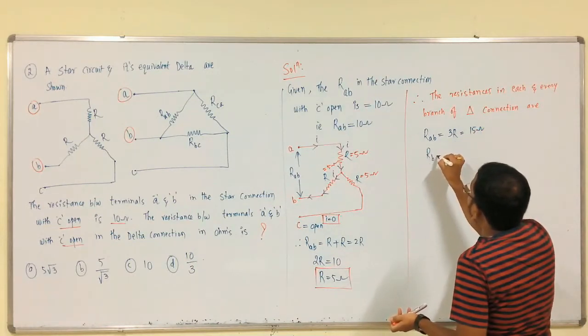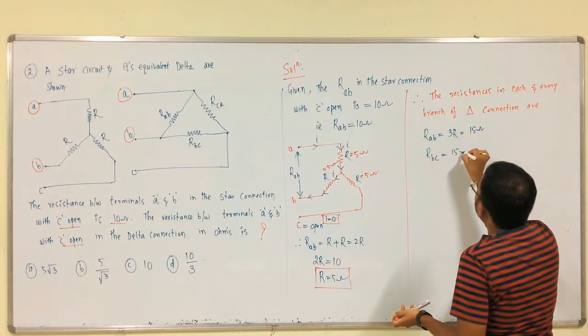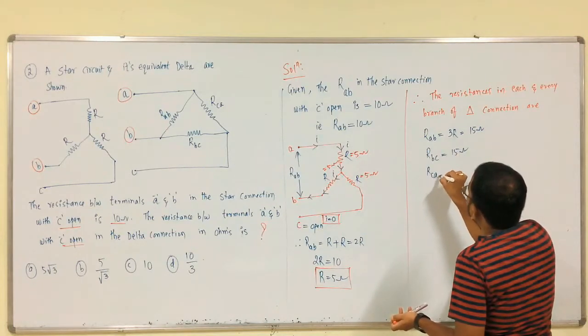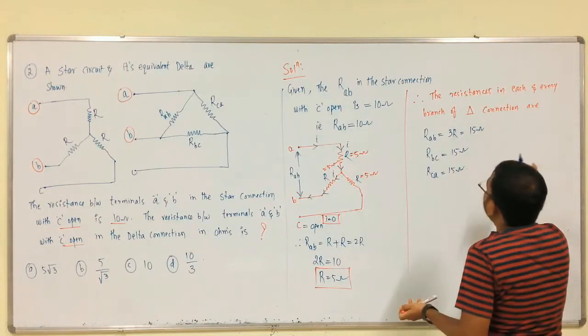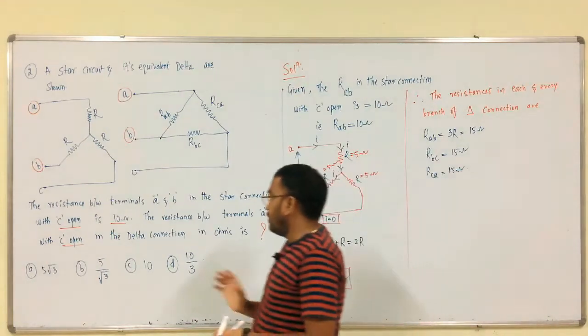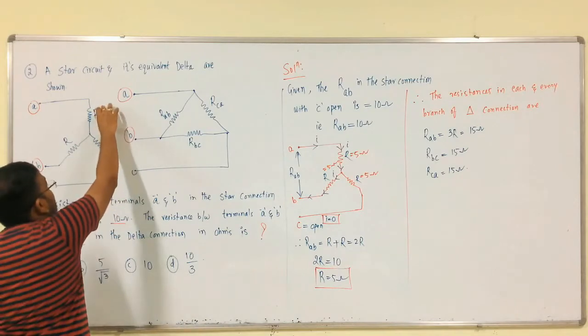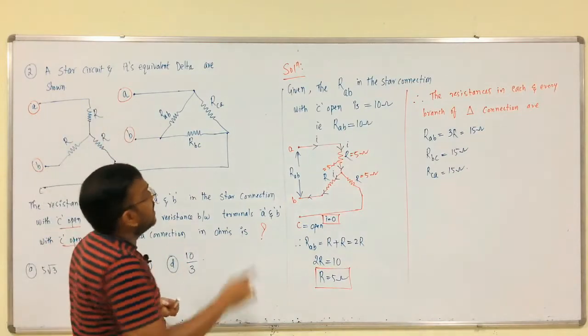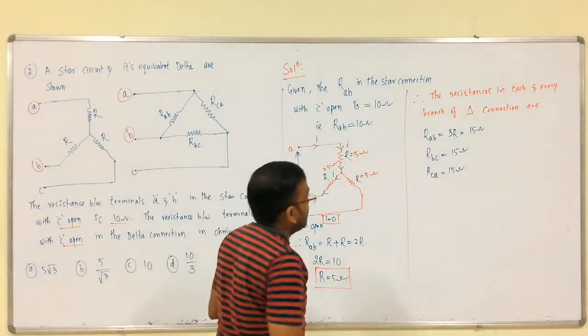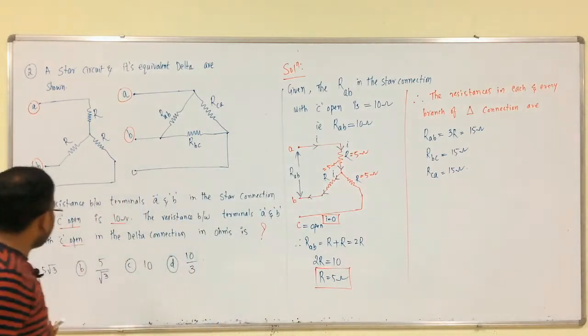Like that, RBC is equal to 15 ohms, and RCA is equal to 15 ohms. Then we have the each branch resistance in the star connection as well as the delta connection, that is it.